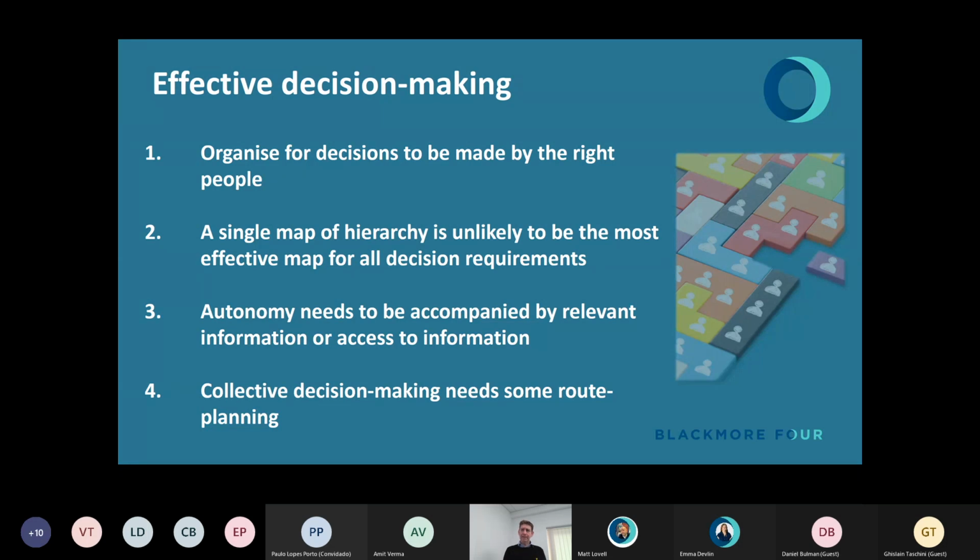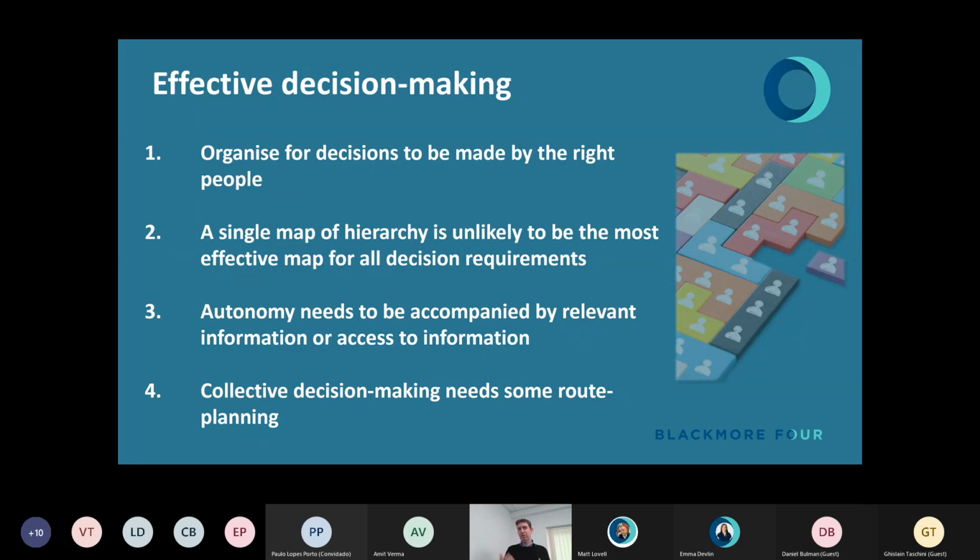Part of the challenge we see is that it's not always clear who is expected to make which decisions. And I think in the distant past, we probably did put some content out around decision making and which types of decisions should be made where in the organisation, and that being a generalised where. But typically for day-to-day operational decisions, you want those decisions, if they're to be effective and timely, to be made by the people who are closest to putting those decisions into practice.